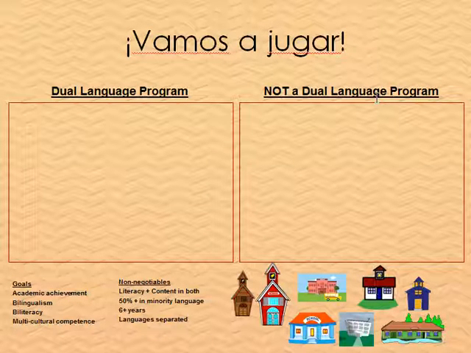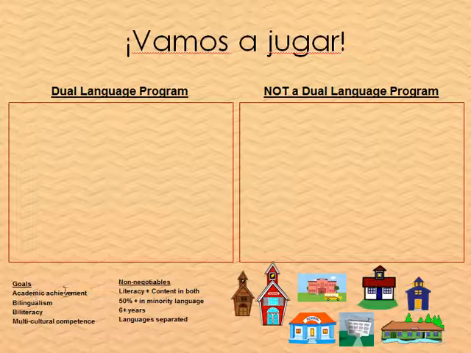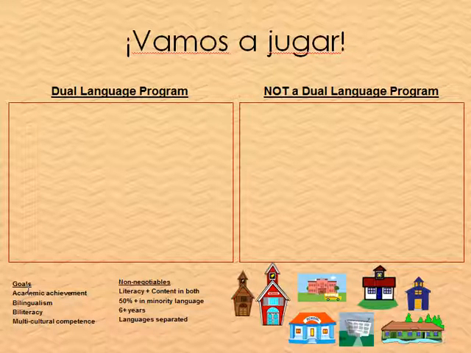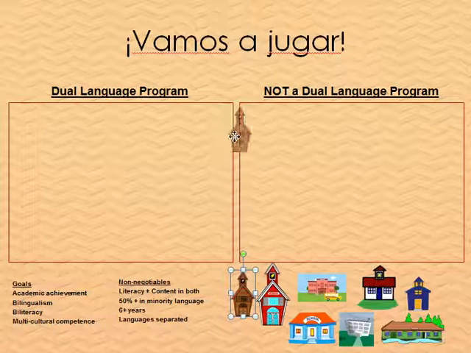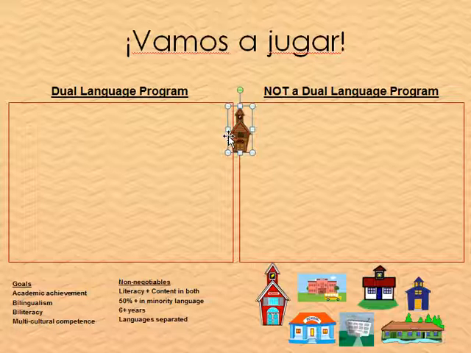So this is the game, and down on the corner of the page, you'll see that I have the goals and non-negotiables, just as a reminder, and let's try the first one. So this represents our first program.